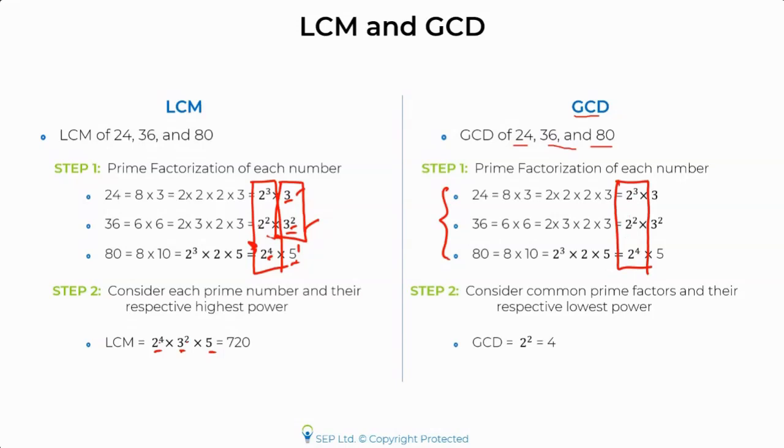If you're wondering why I did not take 2 to the power 4, go back to the definition. A divisor, or factor, is a number which divides the original number completely. If I take the highest power, 2 to the power 4, it will divide 80, but it's not going to divide 36 and 24. That is why we need to take the common part that is present in all of them.